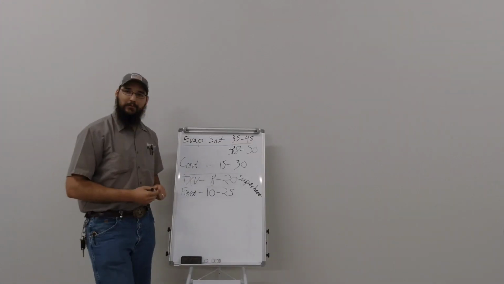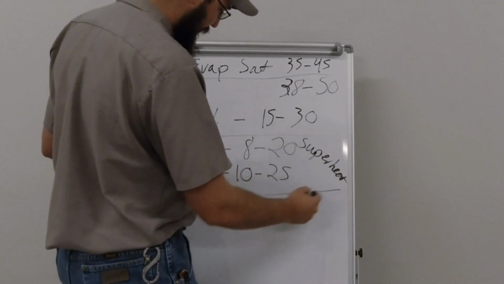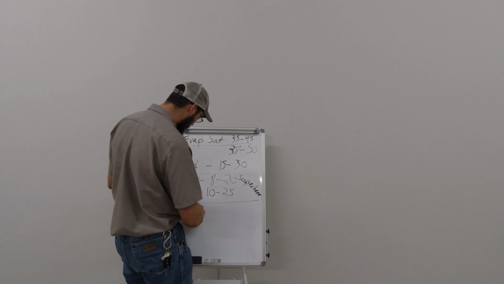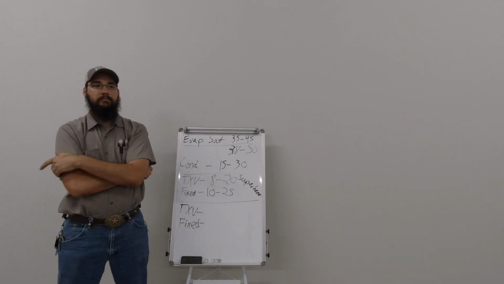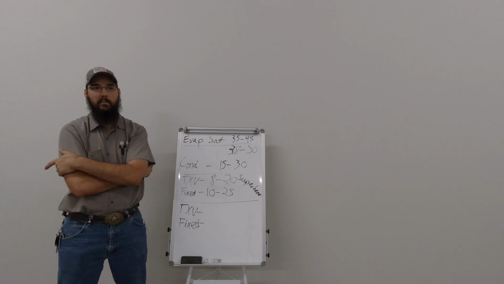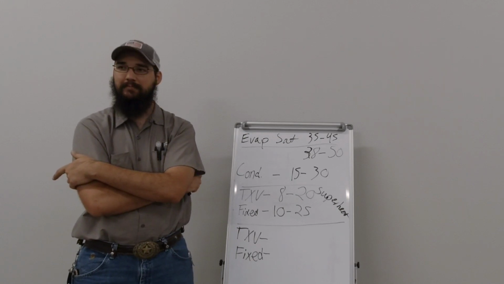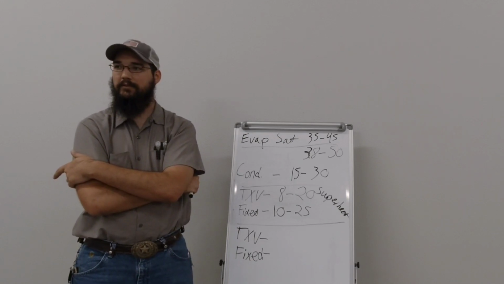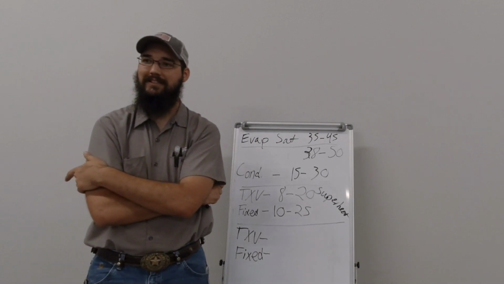Subcool. Again, we've got 2 categories, TXV and fixed. What are our parameters that we are looking for? 8 to 12, right? Somewhere around there. Depending on the condenser, because sometimes it'll be down to like 2 or 3 degrees if it's a split system, like a high efficiency split system. Okay. 8 to 12. You mentioned on one of these VRF systems that it can be a cool.